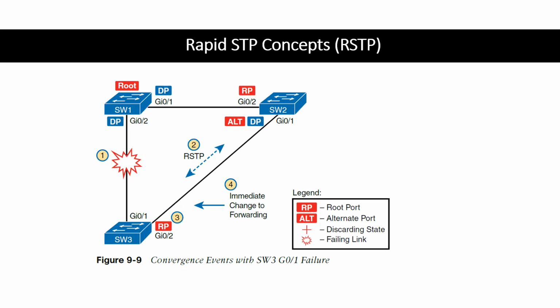And so what is switch 2 going to do after that happens? It's going to flush its MAC address table, flush all its entries, clear it.